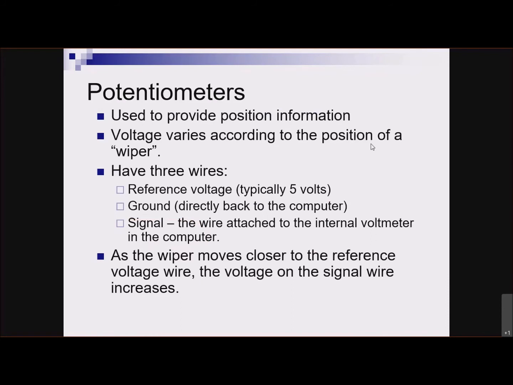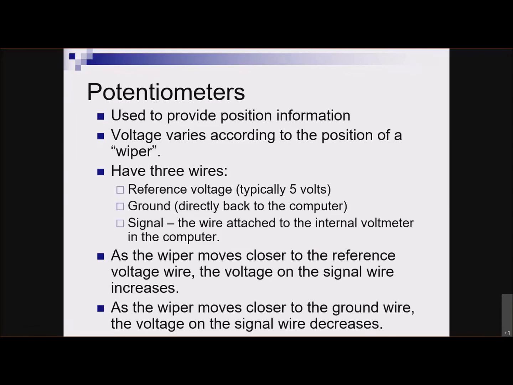As you saw in the paperclip, paper, pencil lead demonstration, and feel free to go back and look at that again, as we moved the wiper, which was our middle paper clip, the one we were reading the voltage off of, closer to my positive lead, where I had the positive wire hooked onto the piece of paper, we saw the voltage go up. And as we moved it closer to the ground wire, we saw the voltage go down.